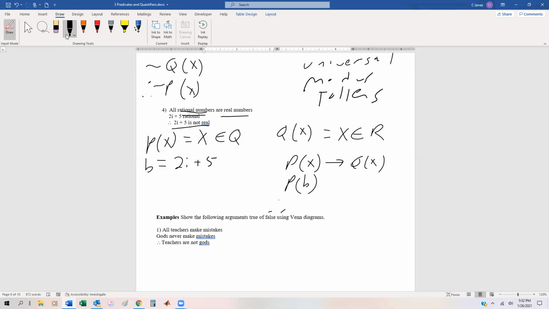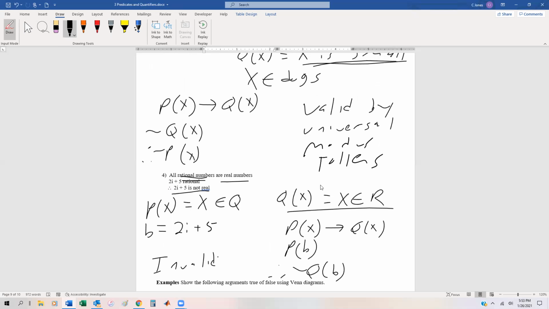And since we defined Q to be real number, we can say not Q of B. Now, clearly this is not valid because it doesn't fit either of the forms of universal modus tollens or universal modus ponens. But what we can say is that it's invalid. Okay, so let's just call it invalid. If you want to say that it doesn't fit either a converse error or an inverse error, that's fine as well.